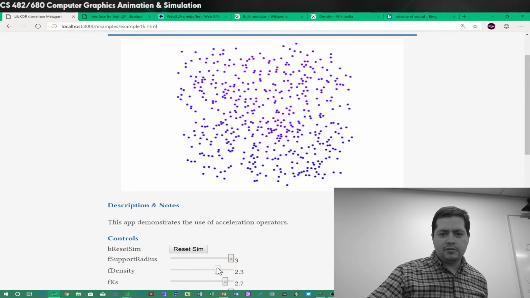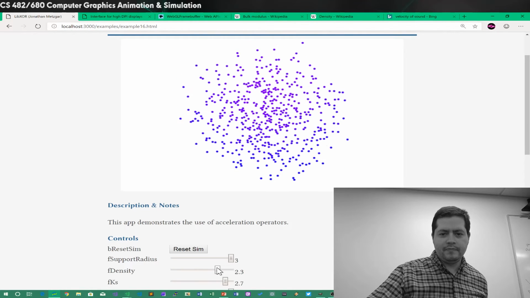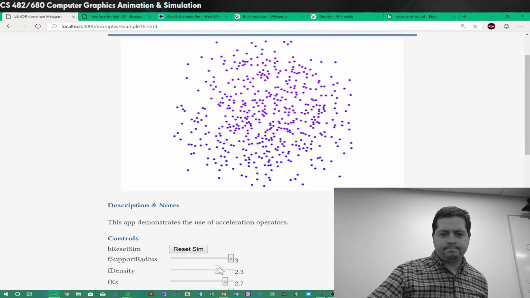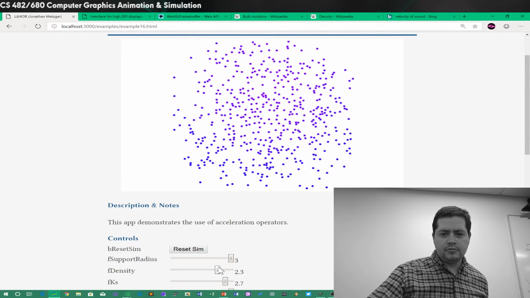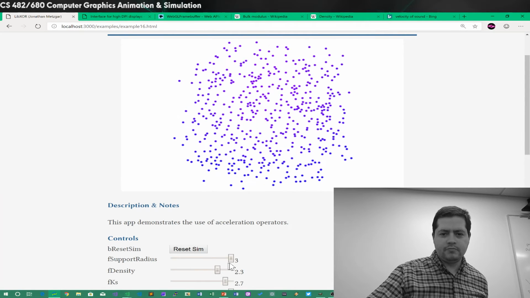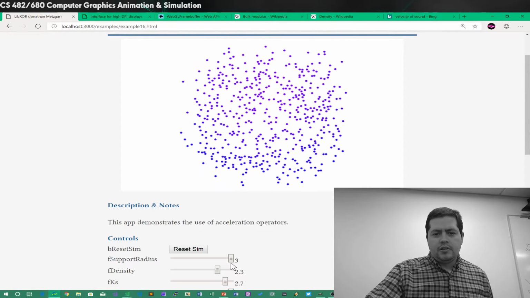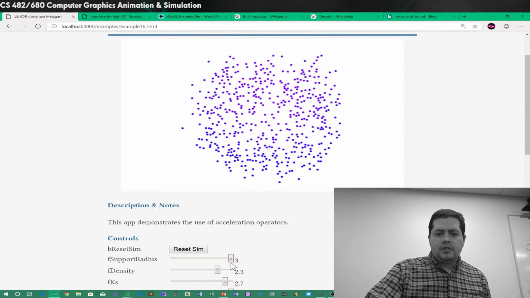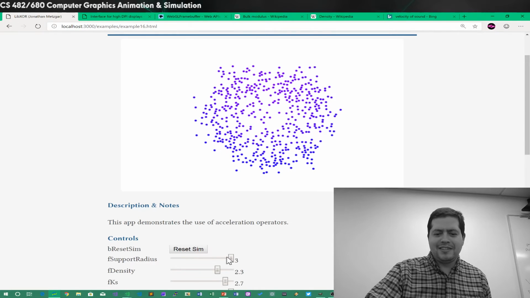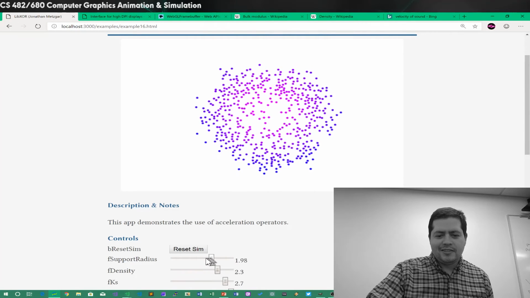Turn the density up. Clearly simulating something. I'm not quite sure what. So the screensaver.